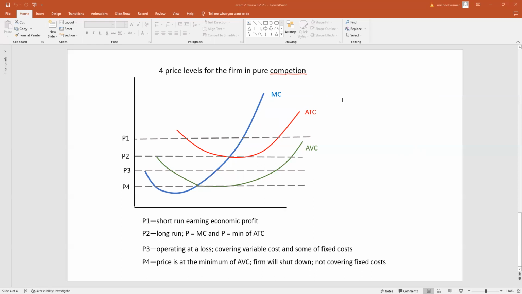That would be true for monopoly as well. For monopoly, marginal cost is going to be below the price level, and average total cost is going to be below the price level as well. So in those particular situations, the price levels are not going to reflect a long run situation like we're able to show here in terms of pure competition.